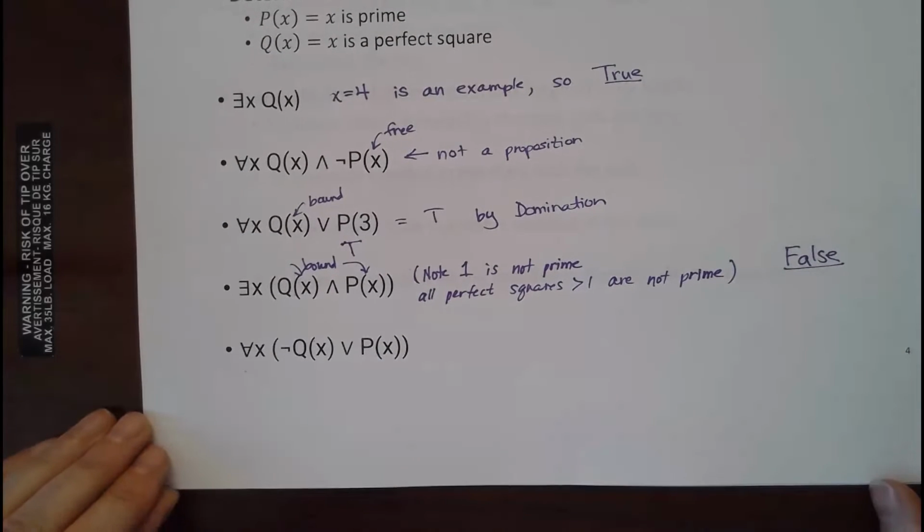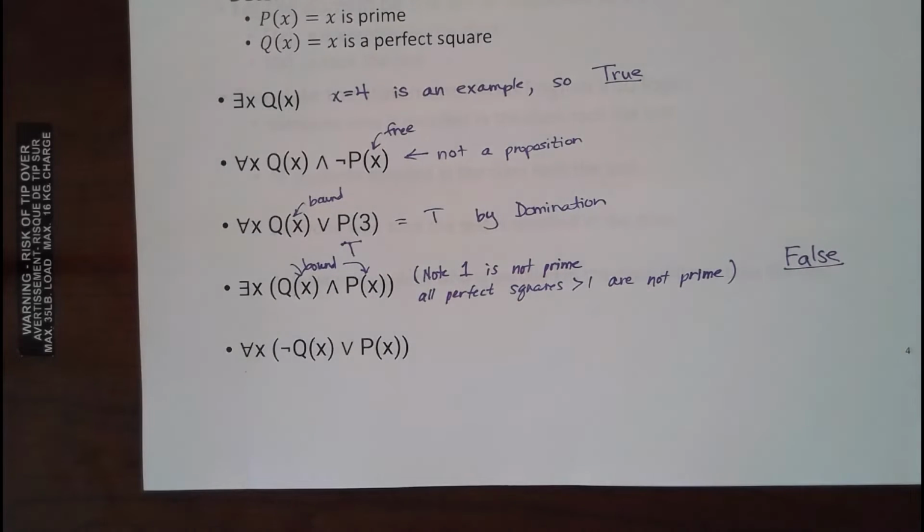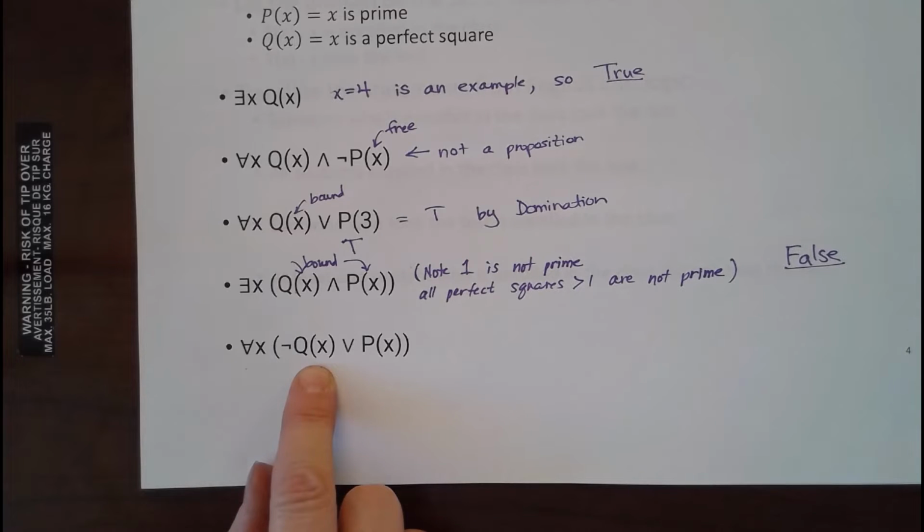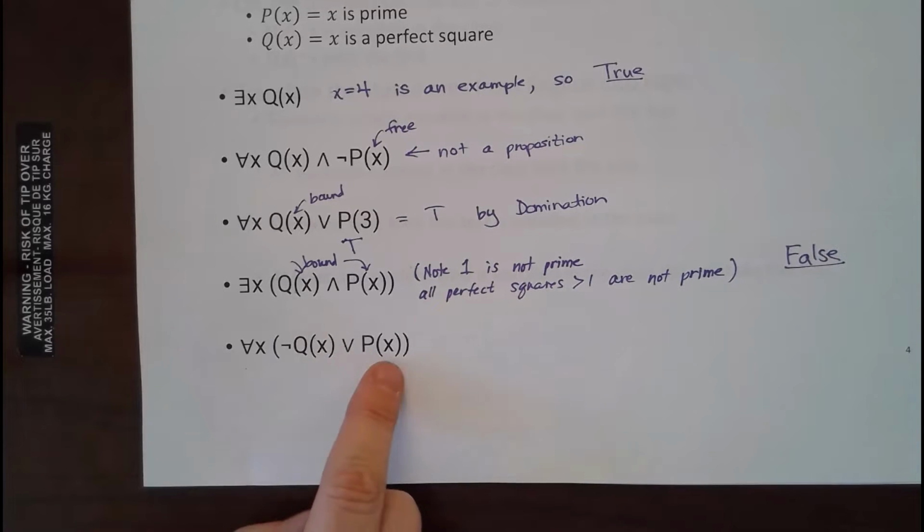Okay, that one's a little tricky. Sometimes people think that 1 is prime, but it's not. Alright, and then the last one, for all x, the number is not a perfect square or it's prime. Is it true that every single number is either not a perfect square or prime?